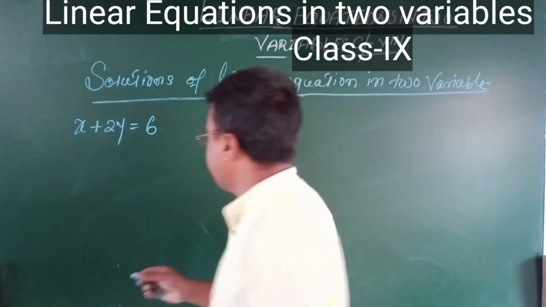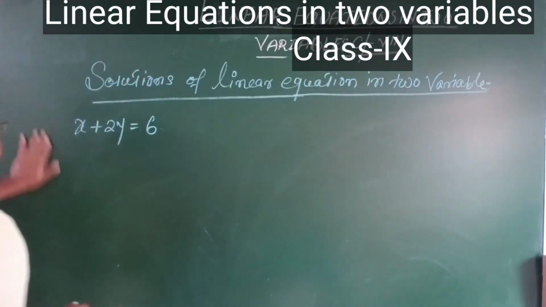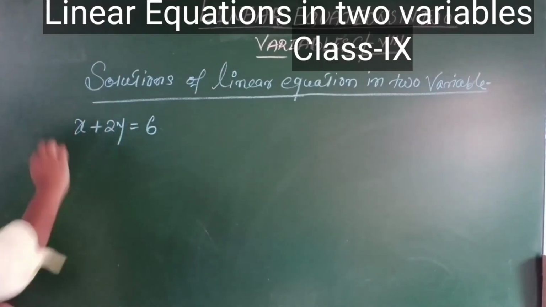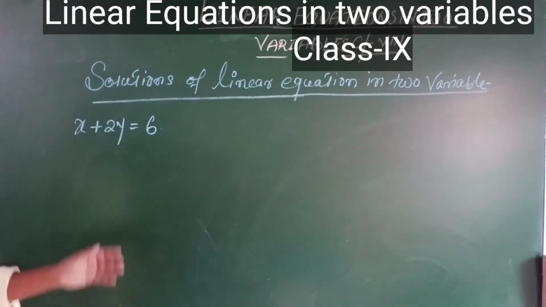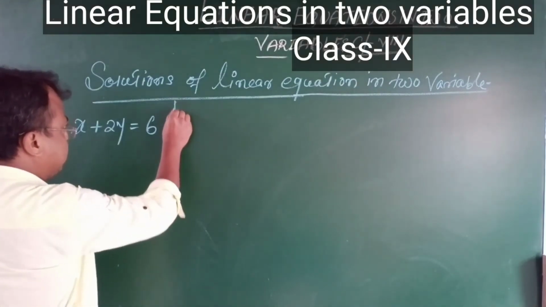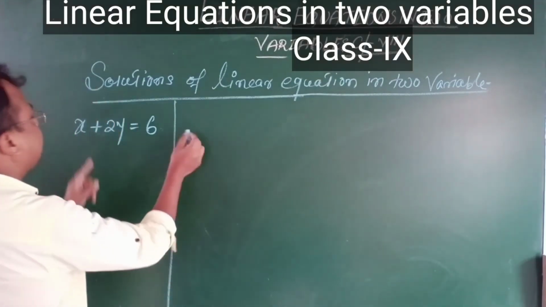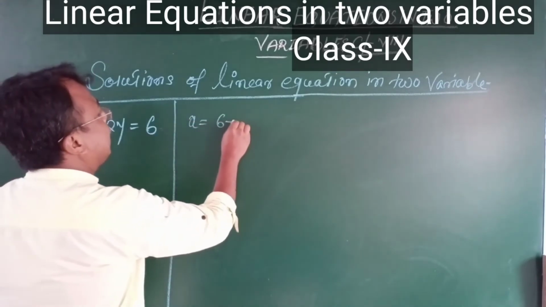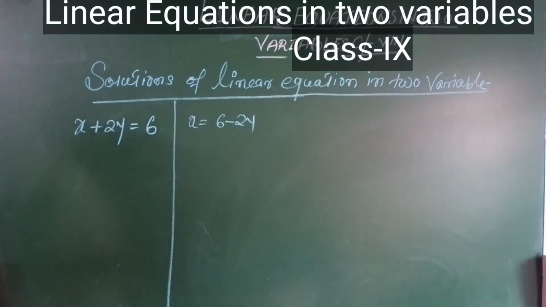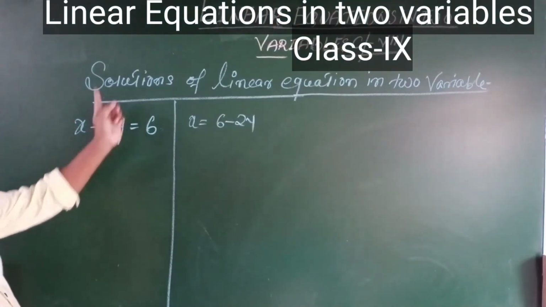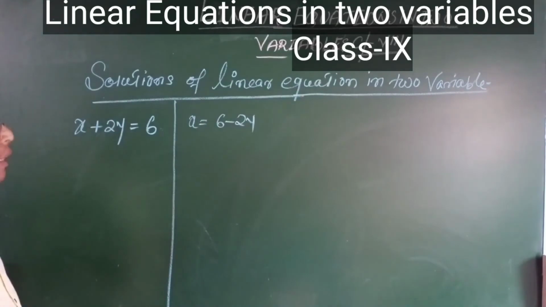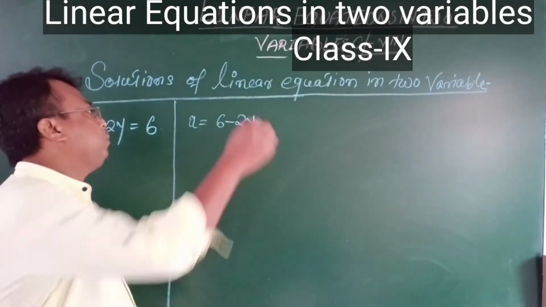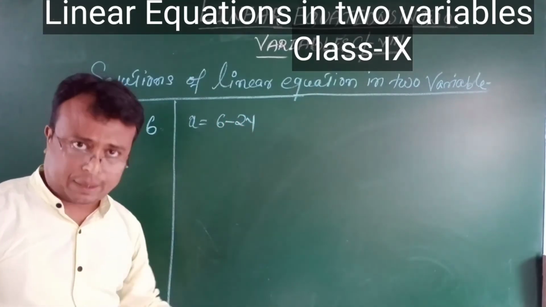Now you see, in this case you put the value of Y, you will get the value of X. Suppose I write this equation like this: X is equal to 6 minus twice Y. The 2Y transposes to the right side, so X is equal to 6 minus 2Y. Now you put the value of Y, you will get the value of X.